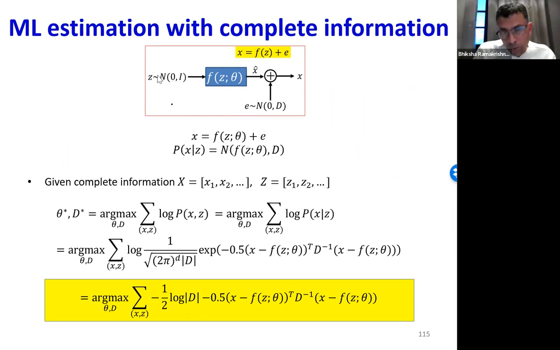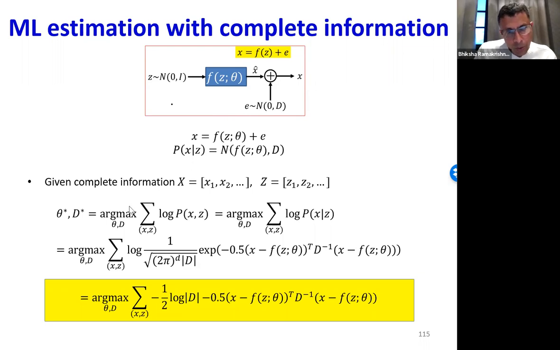Z is being given to you. So if I give you Z, then for every data instance X, I'm effectively giving you X hat, which equals F of Z. And so the actual X is going to be F of Z plus E, where Z is known.